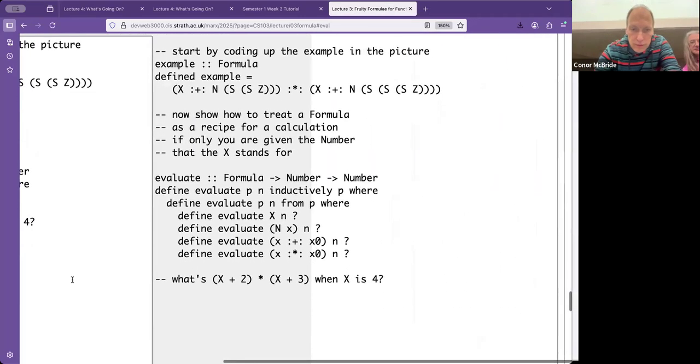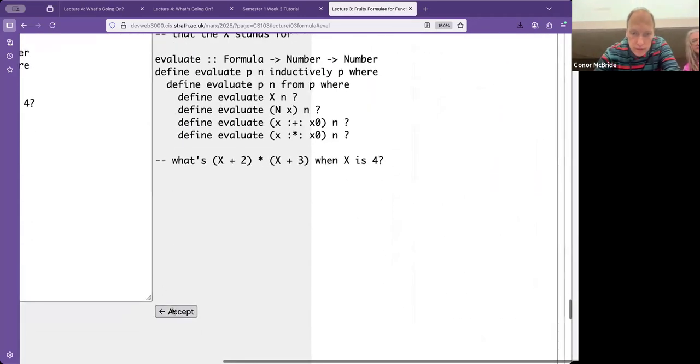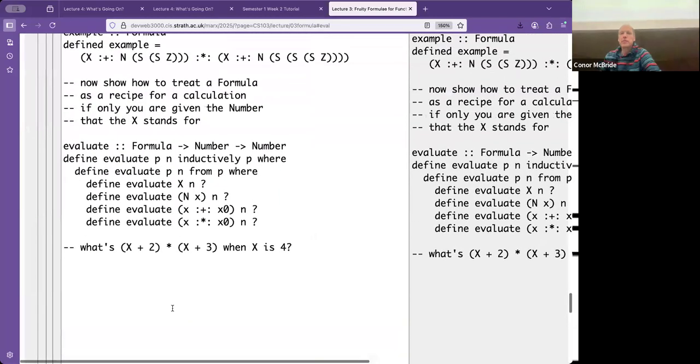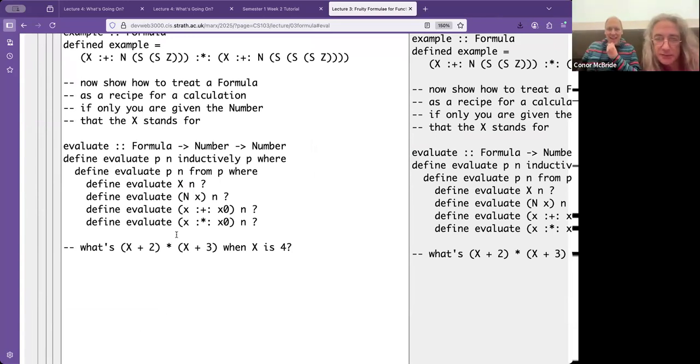So we hit accept, and you can see we've got 4 cases for the 4 different possibilities. And, of course, it chooses terrible names. So let's have Q's, and it's my fault that the names are bad, so I'll fix them.